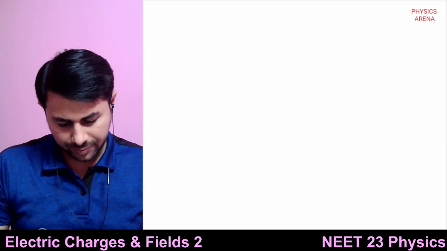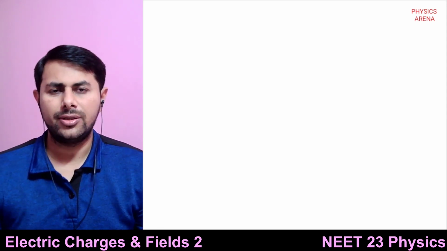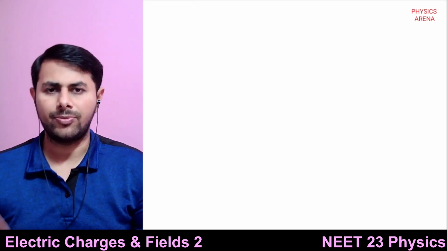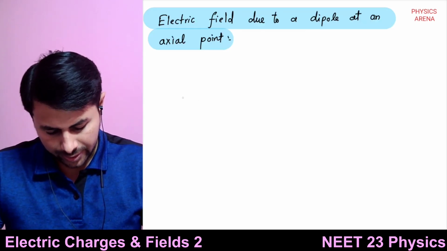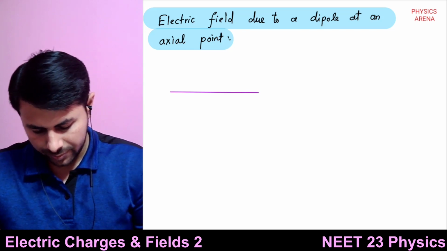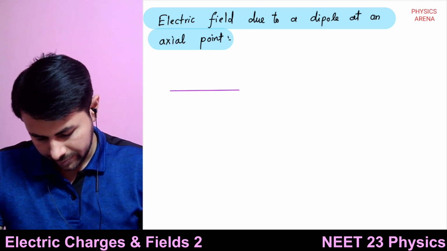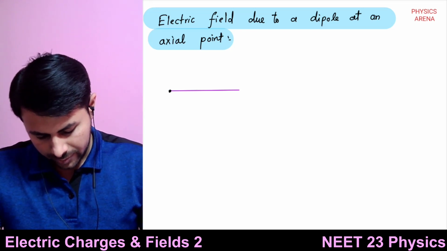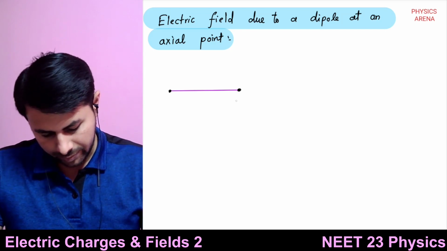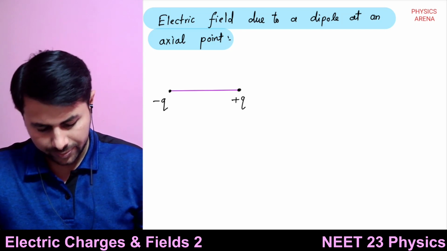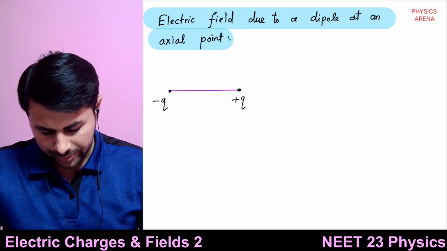Next, let us see the electric field due to a dipole at an axial point. So let's consider a dipole. So this is an electric dipole, charge plus Q and minus Q. And what is an axial point?